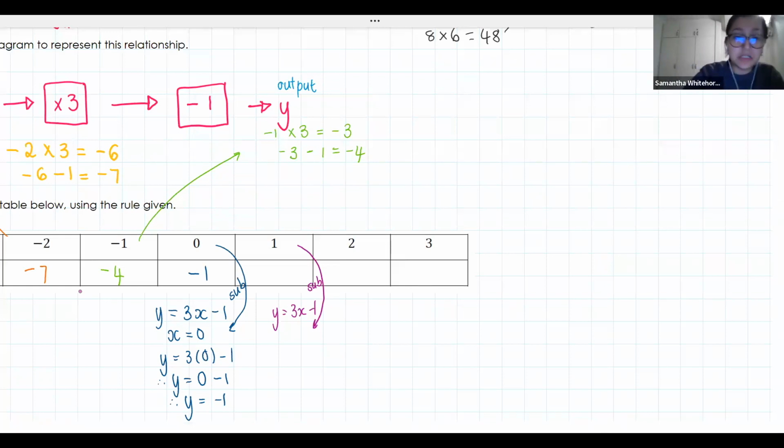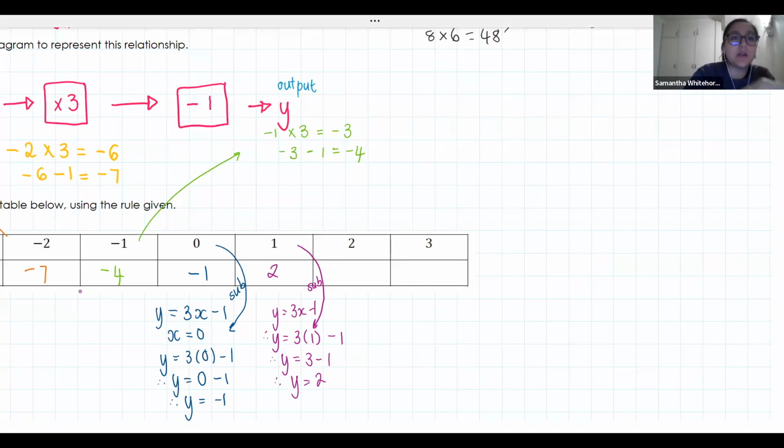I substitute in x equals 1, so y is equal to 3 times 1 minus 1. 3 times 1 is 3, and 3 minus 1 is 2. So our output value here is +2. Right, so whether you use a flow diagram or the equation, it really doesn't matter. You will get the output that you need.